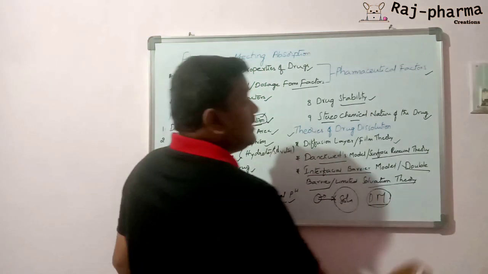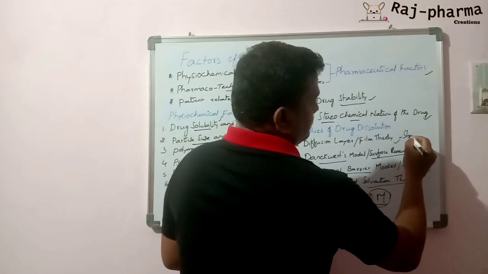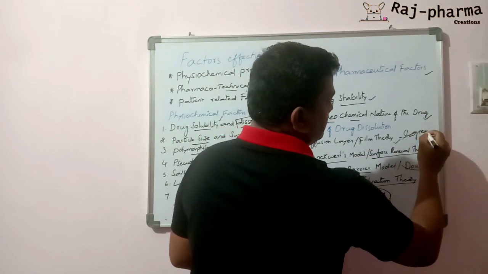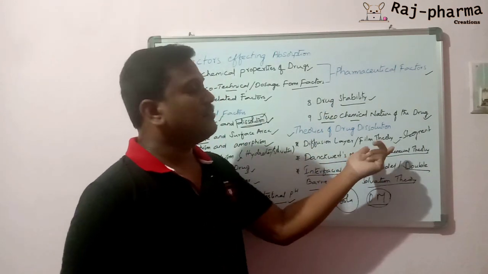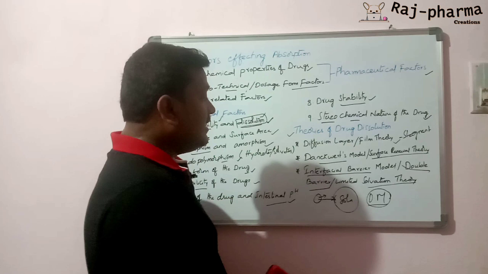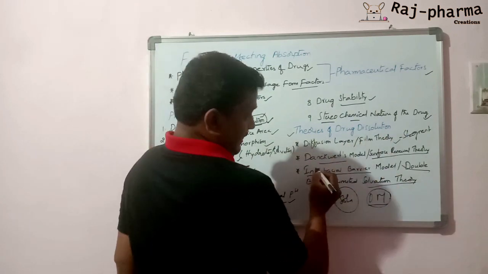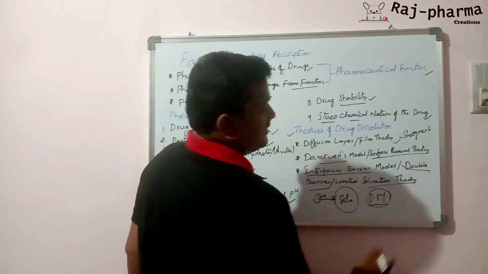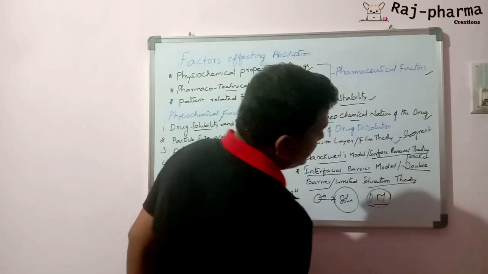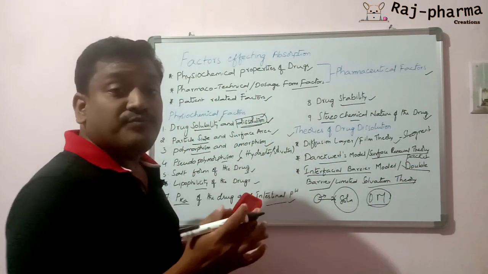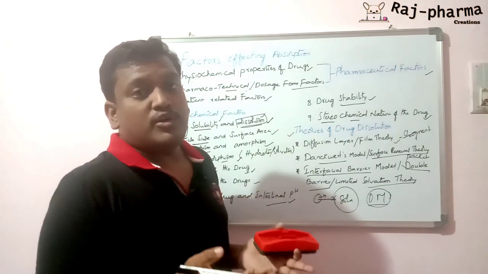Remember that in the diffusion layer theory there is a formation of a stagnant layer. In the Danckwerts model or surface renewal theory, packets will come and take the drug from the surface of the particular dosage form.